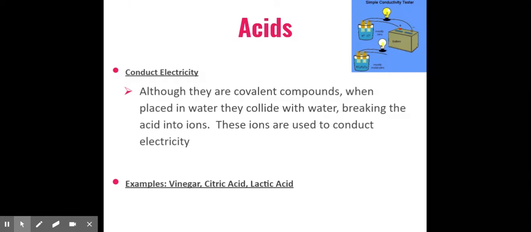Okay. Some examples of acids that we see regularly are again vinegar, and citric acids, which you can find in our citrus fruits like lemons and limes, oranges and grapefruit. Lactic acid you can find in some foods, such as pickled vegetables.